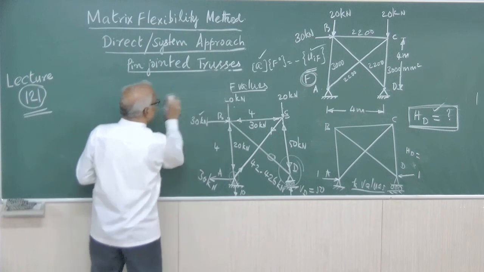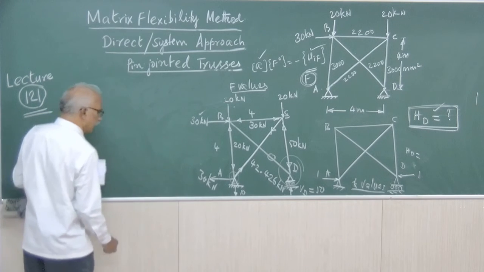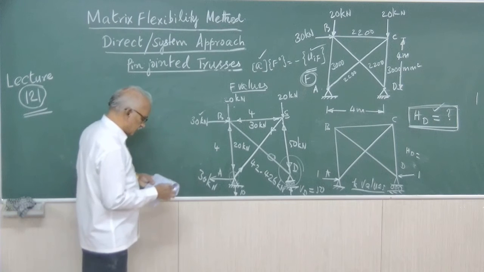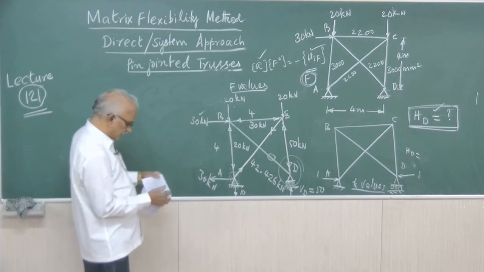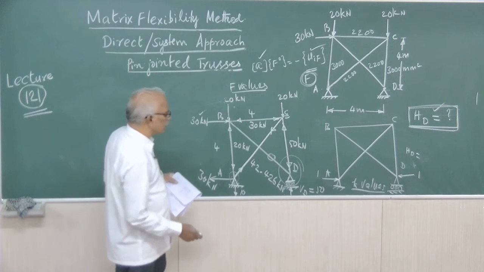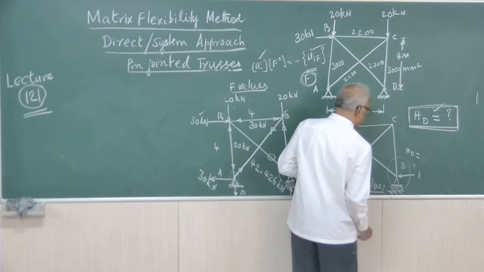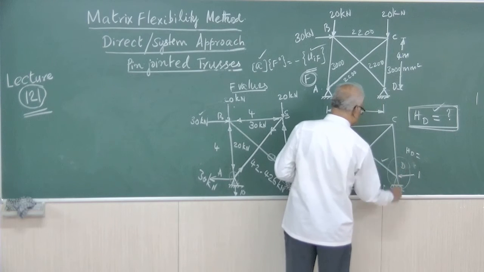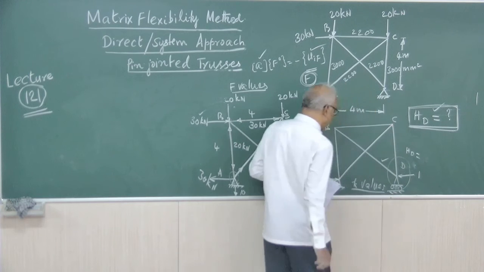Now, again we have to do the analysis by method of joints. Again I will skip method of joints. So, we have to take joint D. Sigma H equals 0 will give you this force. Then sigma V equals 0 will give you the force in the member DC.